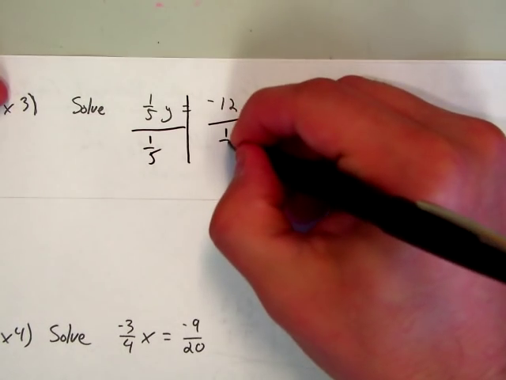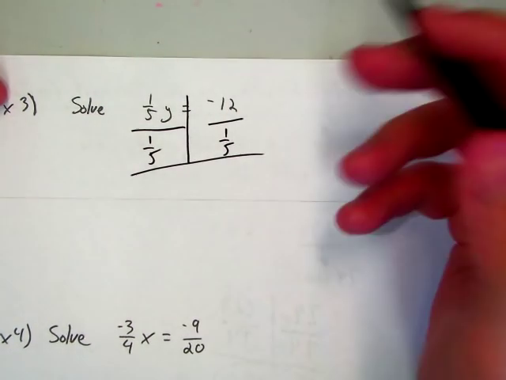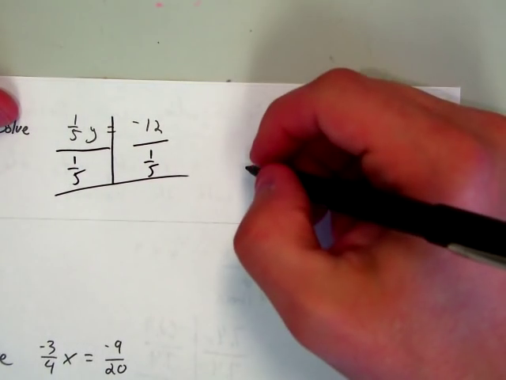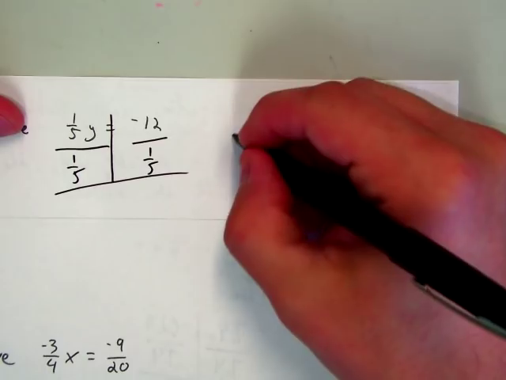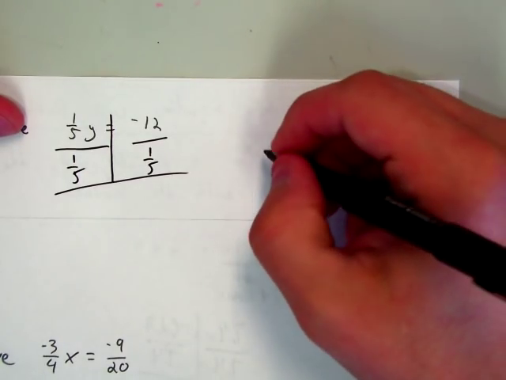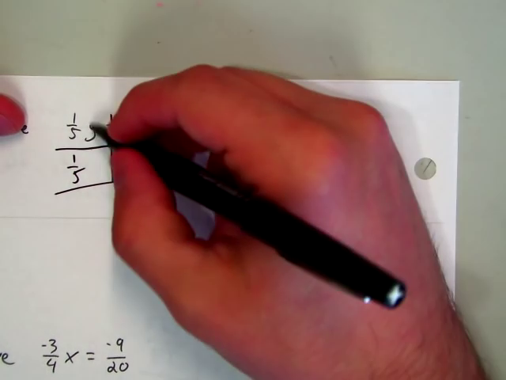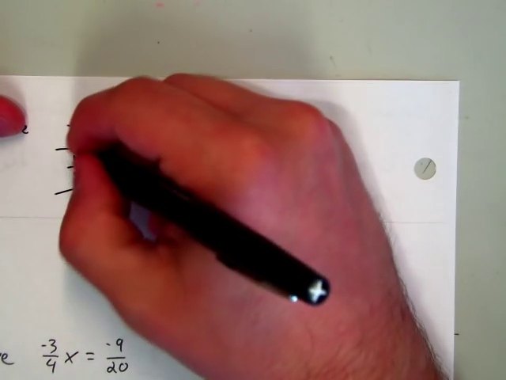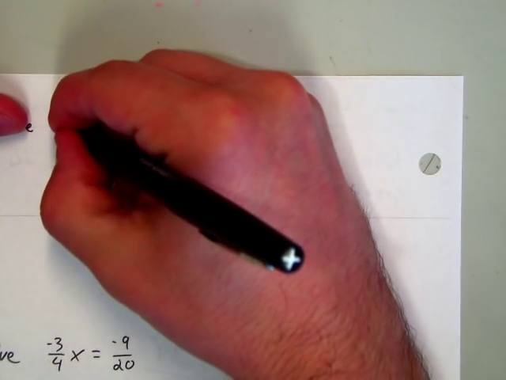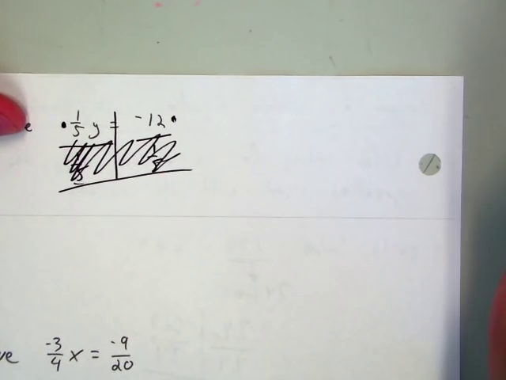The tough part about dividing fractions is it's a little bit confusing. But if we think back to our rational numbers chapter, dividing by a fraction really means that I'm multiplying by the reciprocal. So instead of doing the division, I want to multiply by the reciprocal to both sides.